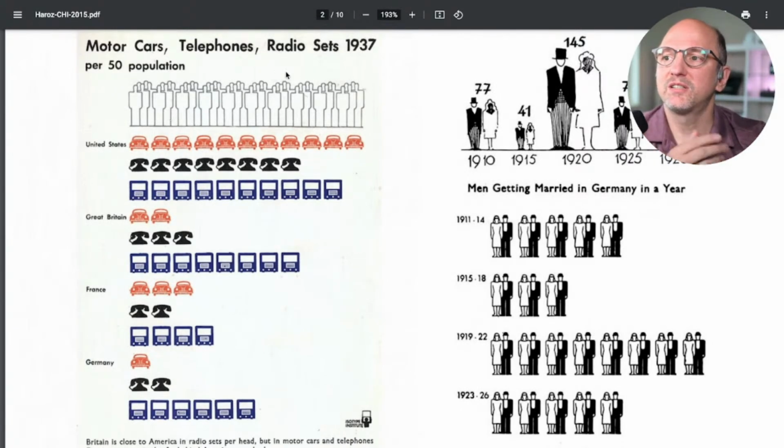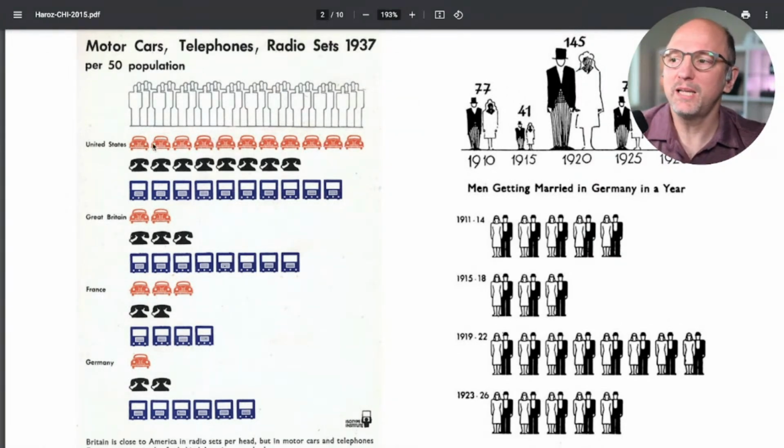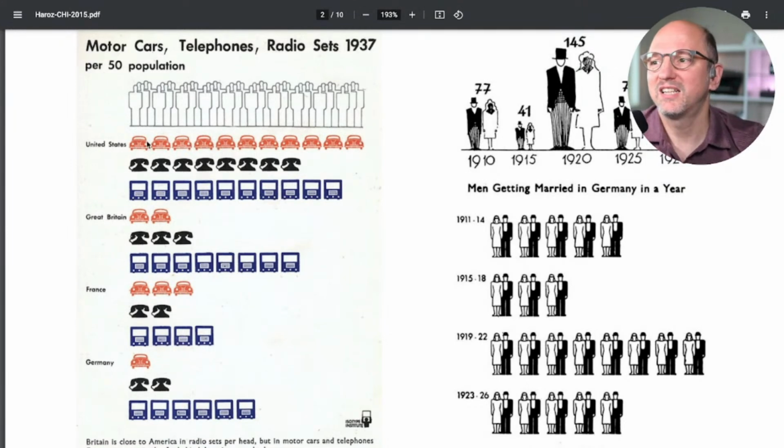So in this case, this is looking at technology in 1937, how many motor cars, telephones, and radio sets people had in different countries. And the icons here tell you what they are, right? So you don't need labels. You can just see these are cars, early cars, but still, and a lot more in the US than in the other countries here.